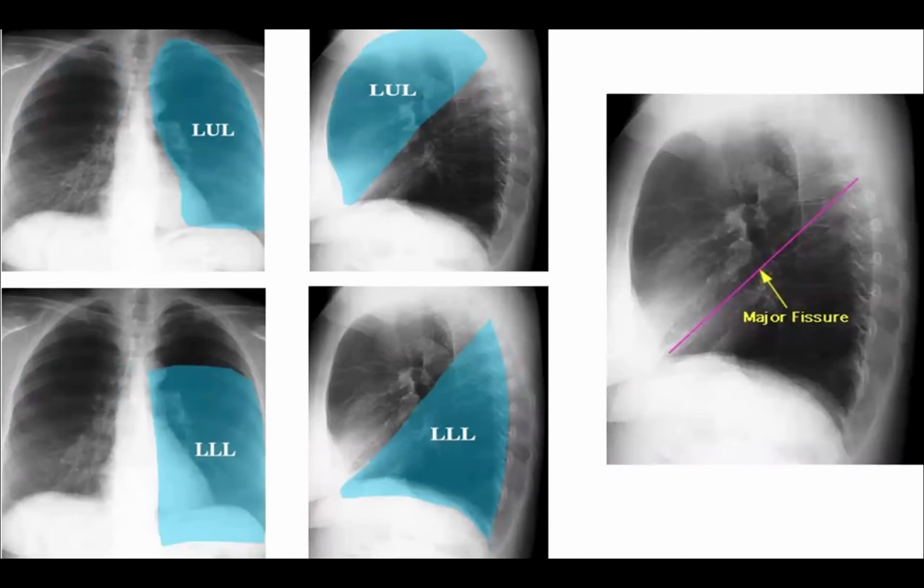And here's a schematic diagram for the left lung. As we can see, there is a considerable overlap between the left upper lobe and the left lower lobe on the frontal chest radiograph. Therefore, if you have a lateral view, that really helps you to locate the abnormality.